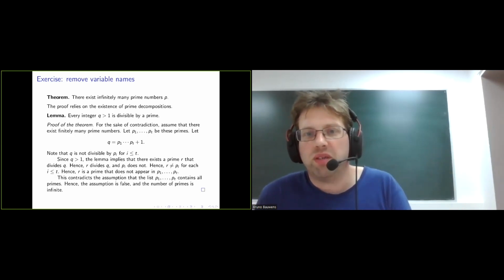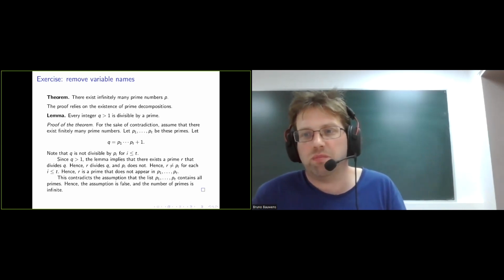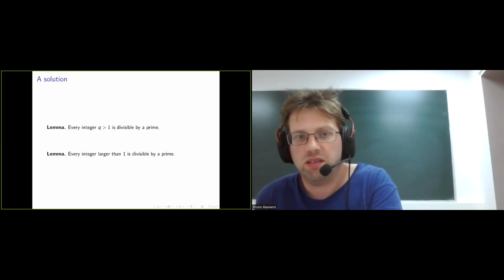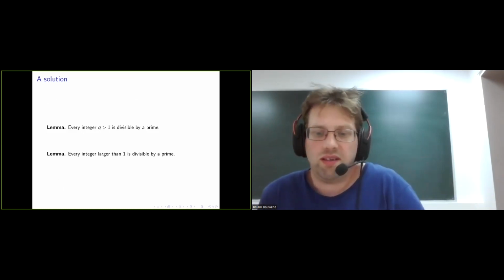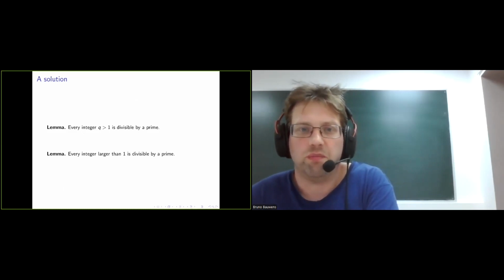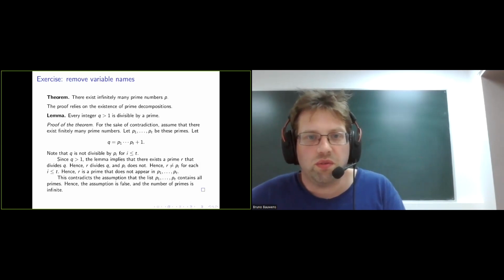So the lemma becomes longer, but it has fewer symbols. I would choose the second option. I think the second is better than the first, but okay, it's debatable.